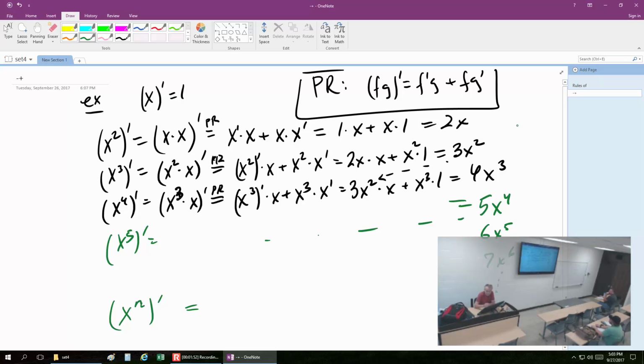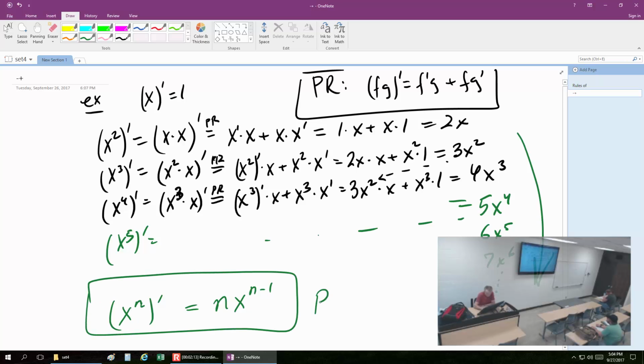According to the pattern that we have discovered, the derivative of x to the n is n times x to the n minus 1. So the power goes down. This is called the power formula.